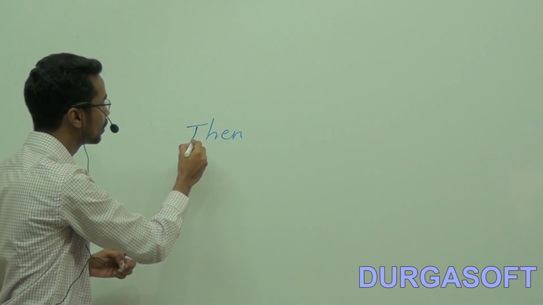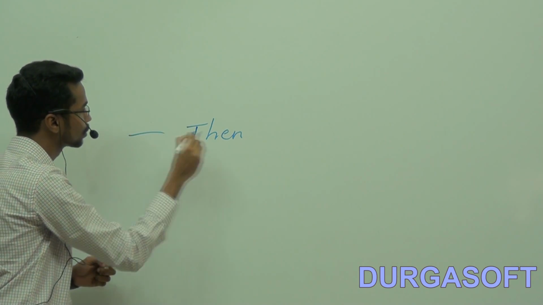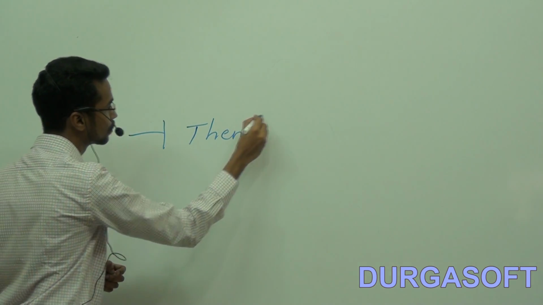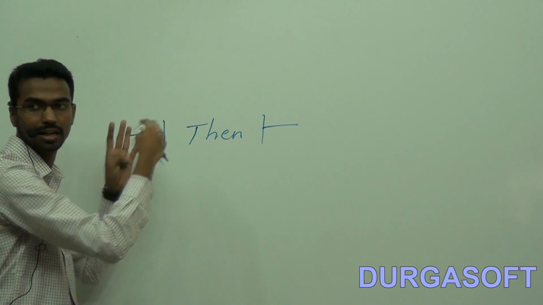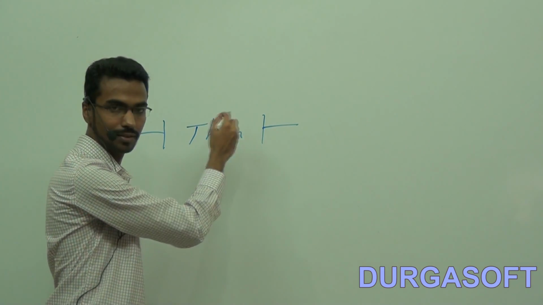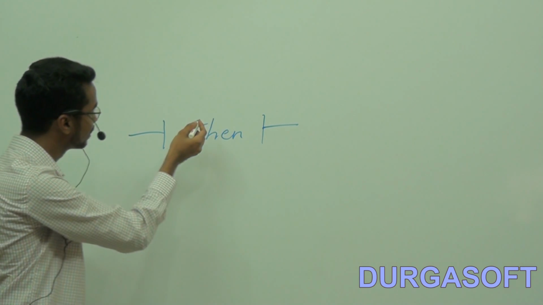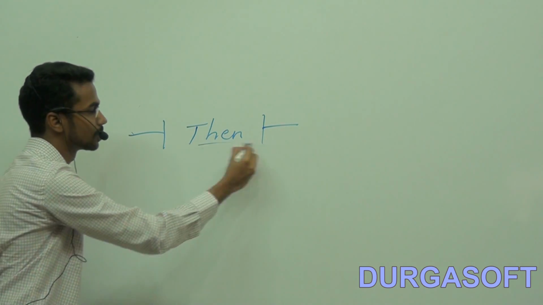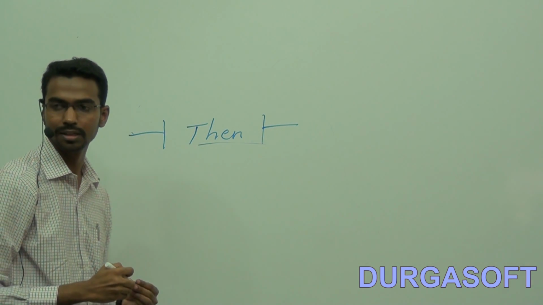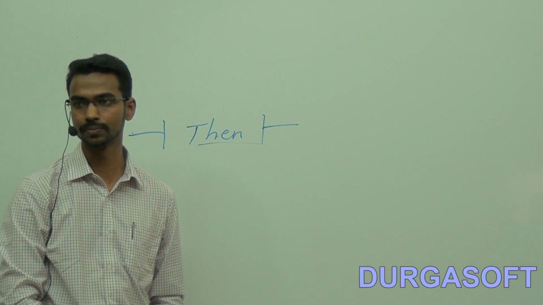This then is usually a word which we use to connect two sentences. Here is sentence 1, here is sentence 2, and this then is connecting those two sentences. So if you find this word then you must guess that there is another sentence before this one. Okay? Similarly, there are certain other words which give you such clues.